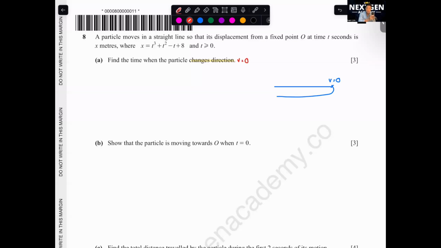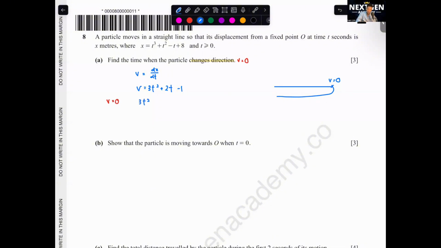Let's find what v is. V means you need to differentiate your displacement, which is x. dx over dt is 3t squared plus 2t minus 1. This is your v. V equals 3t squared plus 2t minus 1. Then we put v equal to 0 because it changes direction.